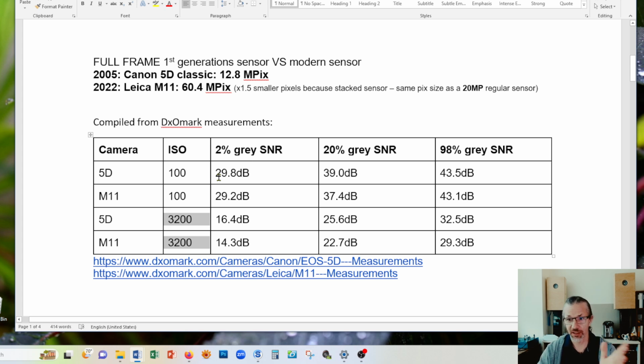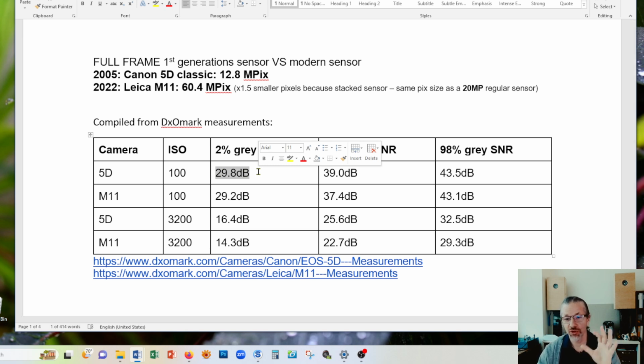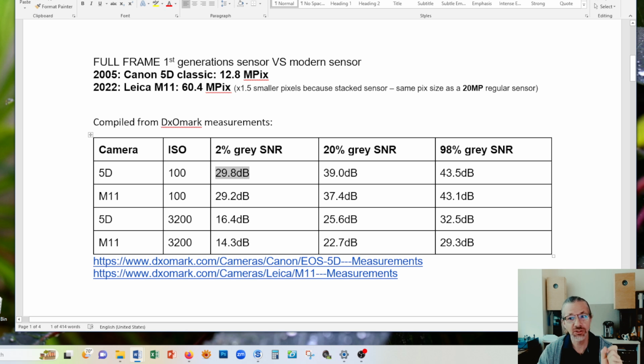But if you have an average shot between 2% and 98%, you see that at 2%, when there's less light in the shadows, we have less information, so there's lower signal to noise content per pixel. It's just below 30 dB for the 5D Classic, and the M11 is 0.6 dB less.